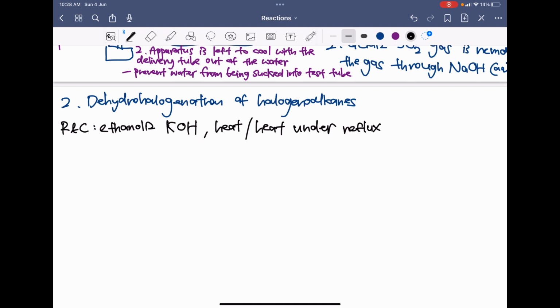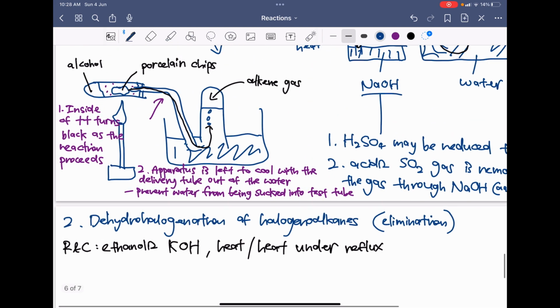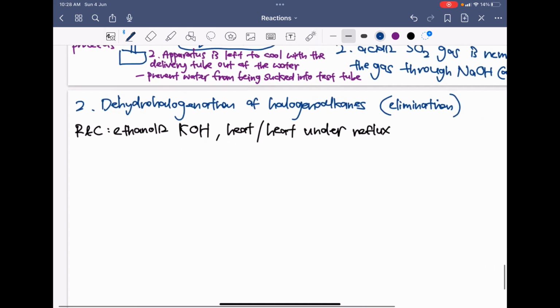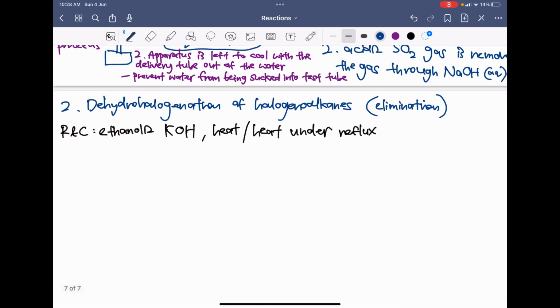And this mechanism is known as elimination. Okay, basically, these two methods that we have gone through, dehydration and dehydrohalogenation, you can just write them as elimination actually in the exams. They are not very stringent on it.